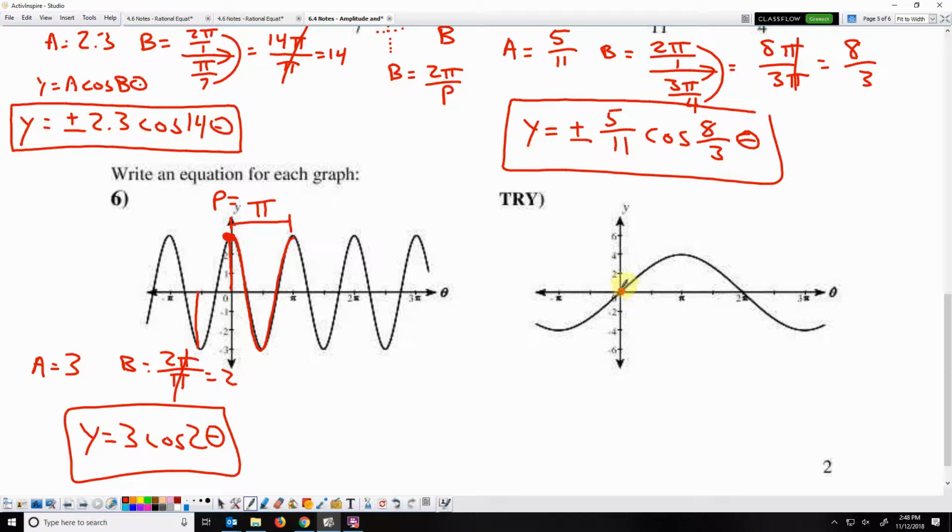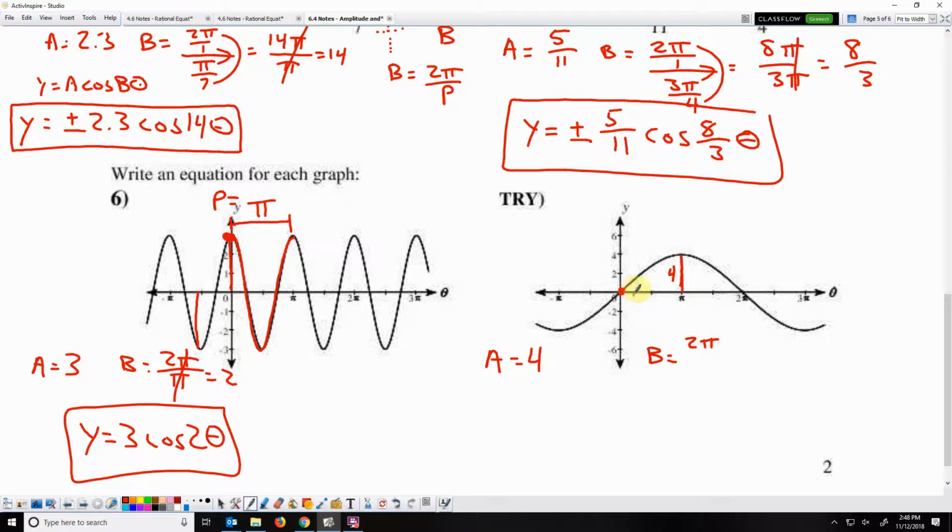This one starts on the center line, so this one is going to be a sine wave. So the amplitude, right there, it goes 4 above the center line, so the amplitude is 4. To get B, I put 2 pi over the period.